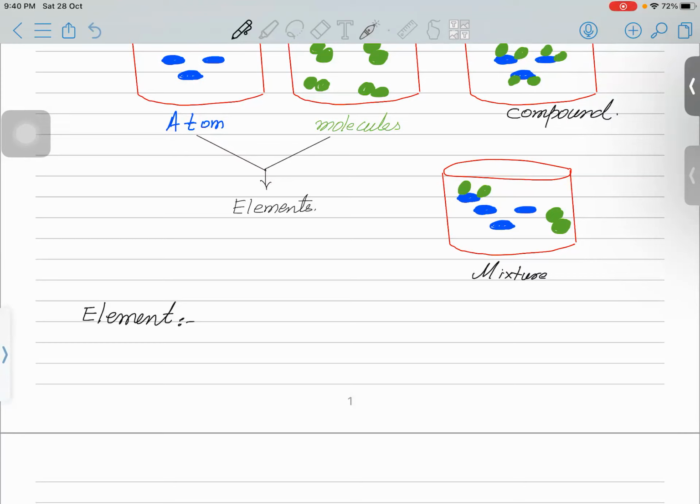In a molecule you have two atoms, so you can divide it and obtain two atoms. A molecule may contain three atoms, so if you divide it you can get three atoms or two atoms. But molecule and atom are composed of element.